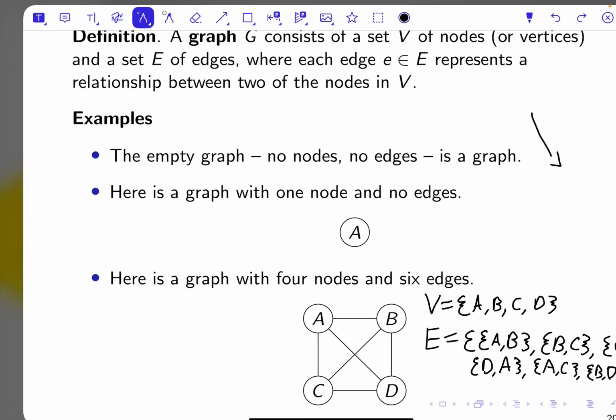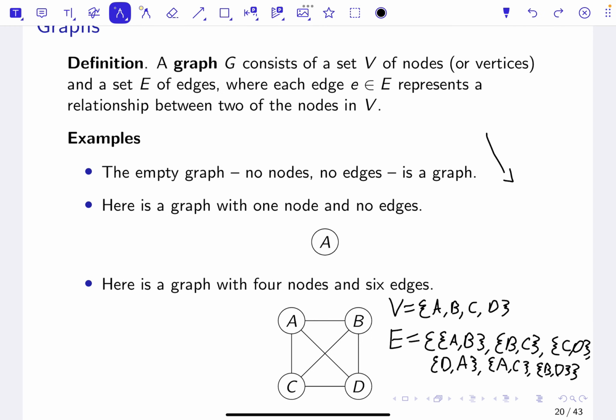I might be getting ahead of myself, but there are directed graphs where, like, in this modification I just made, B is connected to A, but A isn't connected to B. So we would use ordered pairs to represent edges instead, because for those order matters, but for sets, it doesn't.